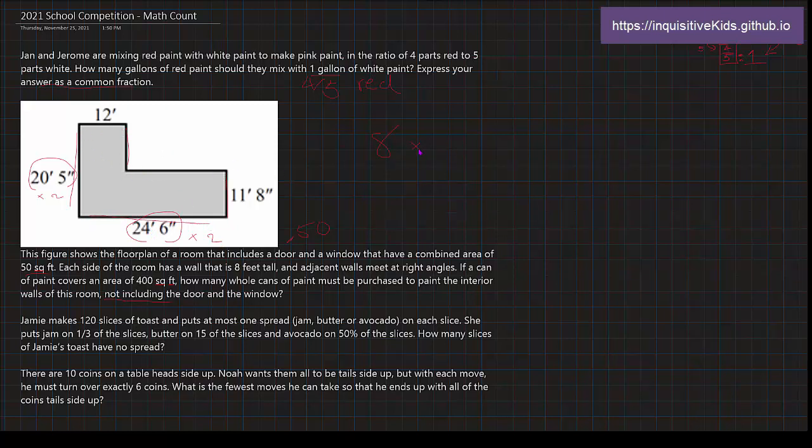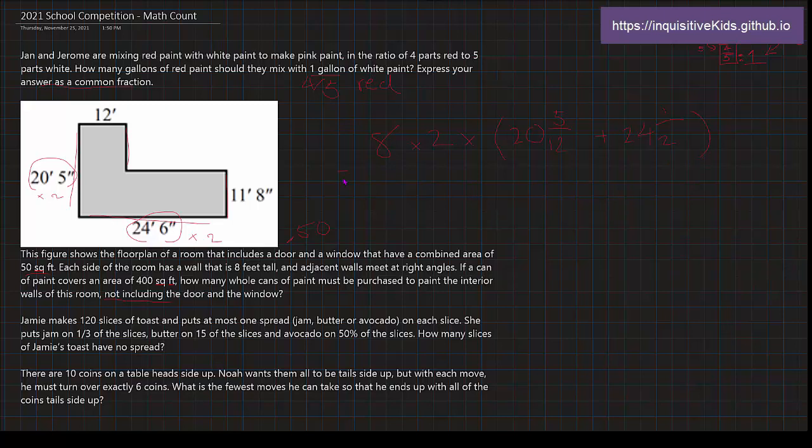So then it would be 8 times 2 times 20 and 5/12 plus 24 and 1/2.